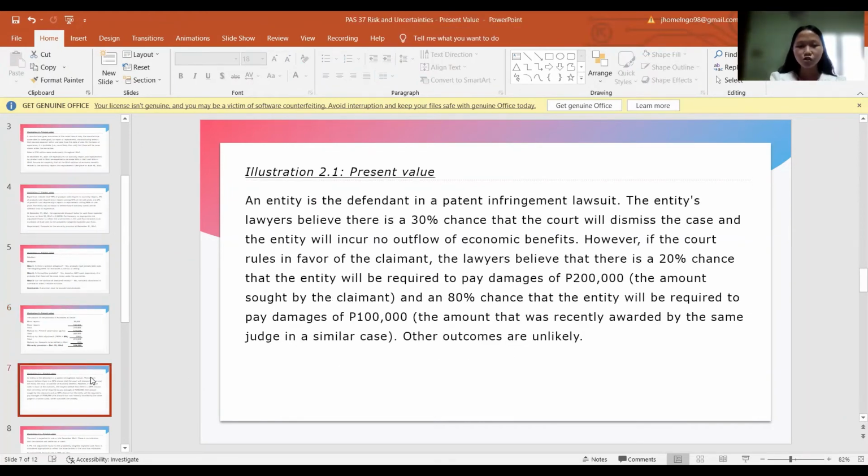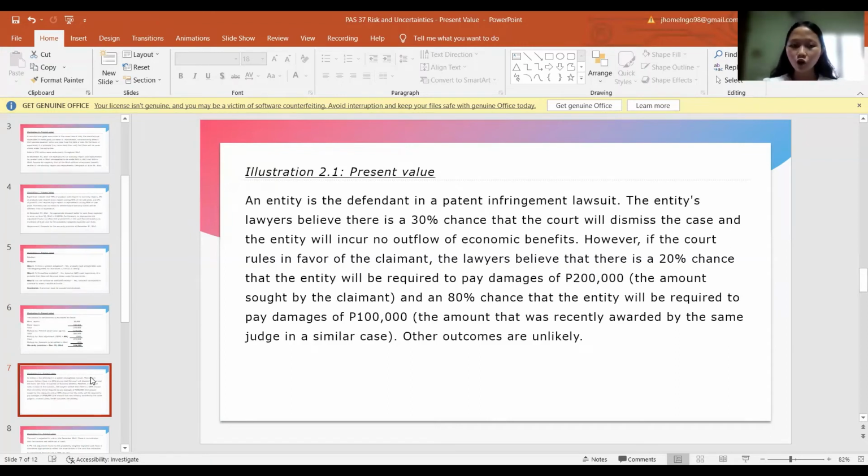Next, illustration 2.1, present value. An entity is the defendant in a patent infringement lawsuit. The entity's lawyer believed that there is a 30% chance that the court will dismiss the case and the entity will incur no outflow of economic benefits.